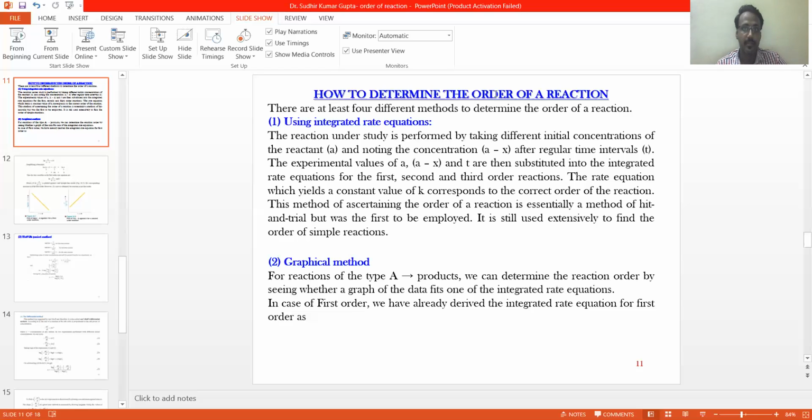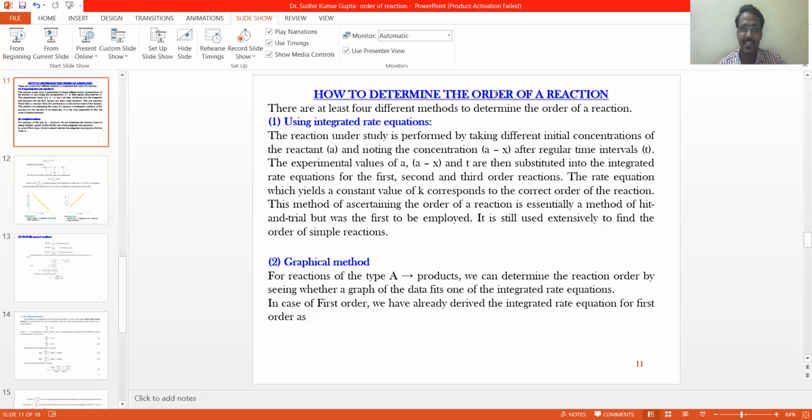Then we will measure a minus x3 at time t3. Then again we will determine the value of k from the equations for zero order, first order and second order. The equation which gives the same value of k defines the order of the reaction.